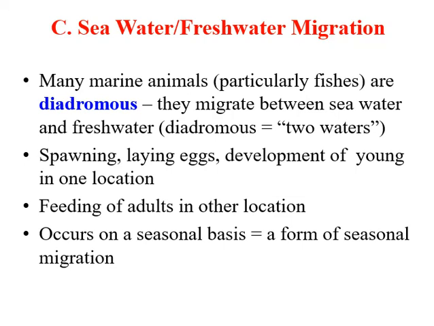Other ones are a little more on the border, it might not be all the way out into the ocean, but on the edge of the ocean. But there are quite a few of them that migrate from the ocean up into freshwater, and they spawn. And a lot of times they die right after they spawn. There's other ones that live in freshwater, and they migrate out of the ocean and spawn there.